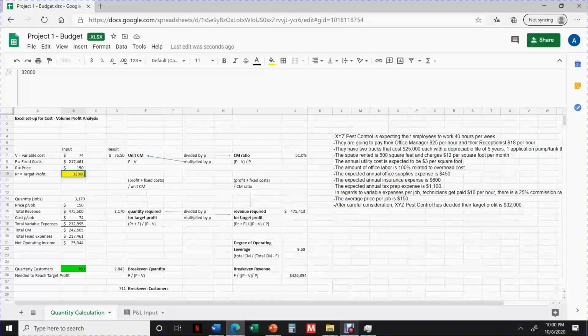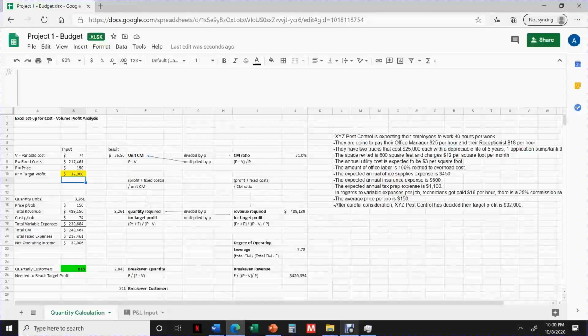Let's see when I put in 32,000 for the target profit. Let's see what switches. Okay, so our quantity of jobs increased about 130. Our revenue increased about $10,000 or $11,000, not too positive on that. And our customers increased about 30, I believe.